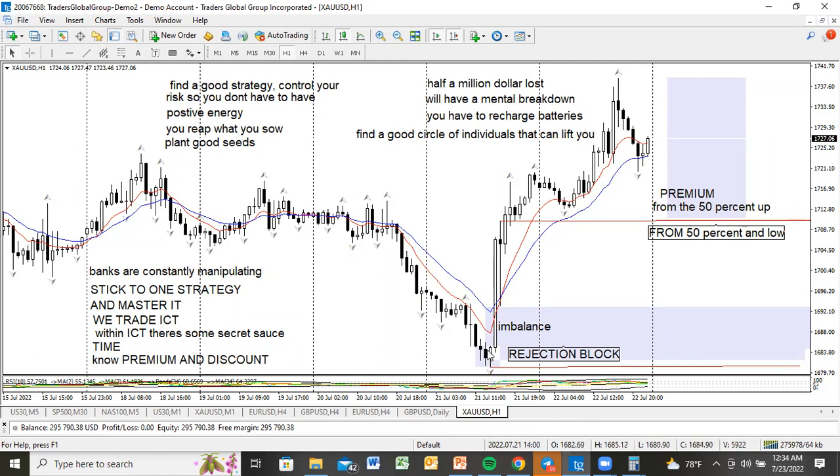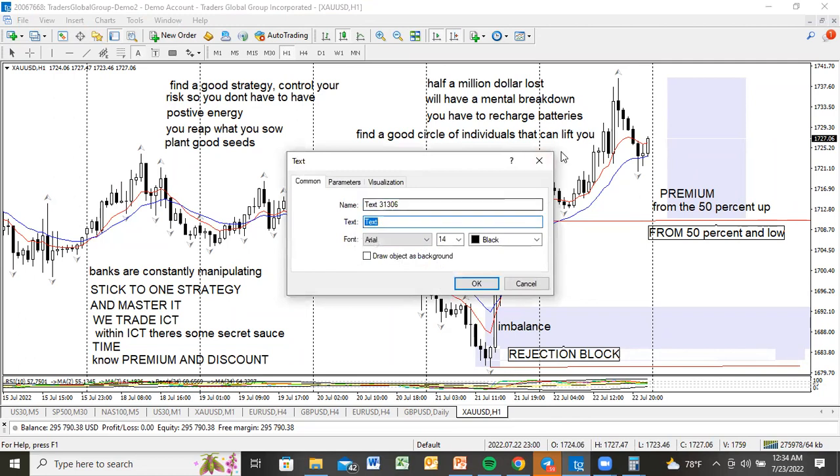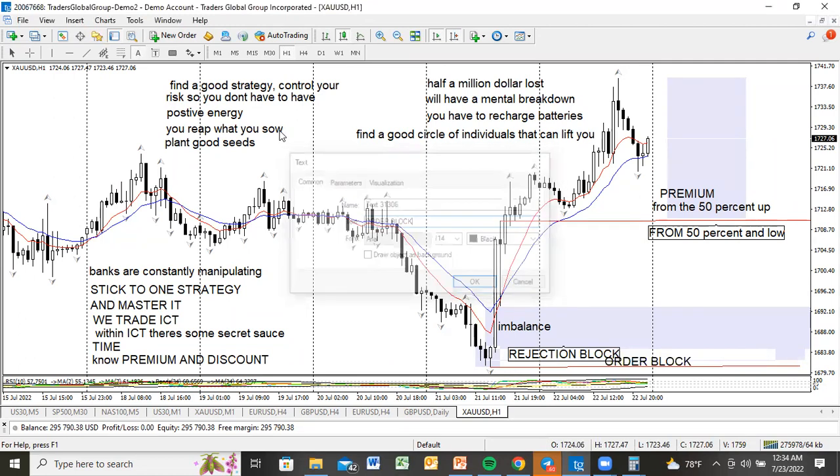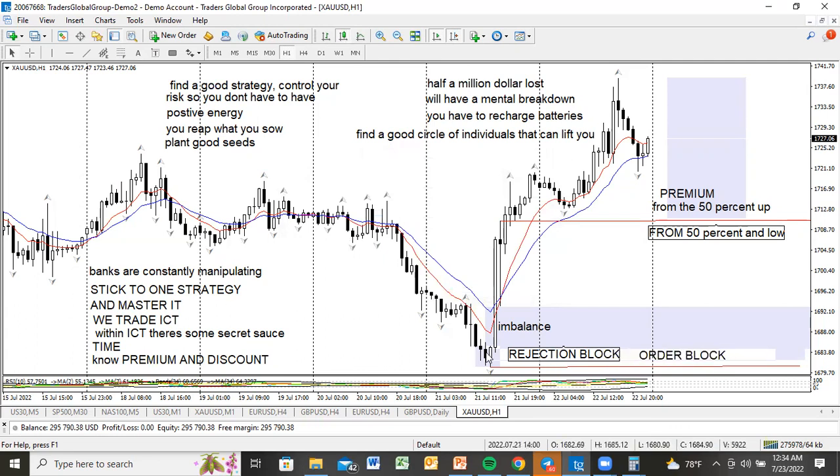Then, of course, the normal way we draw, the order block is the body of the candle. That's the third thing, order block. Which is the black candle, right? That would be the order block. The right black candle, yes, that's your OB.